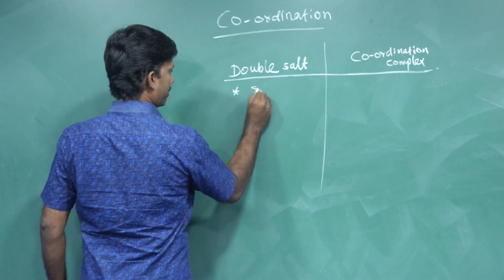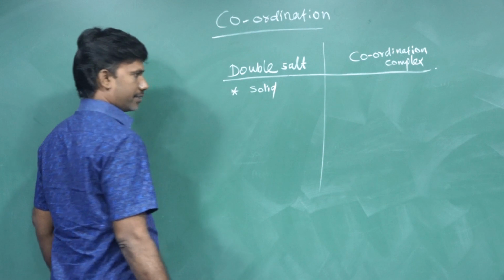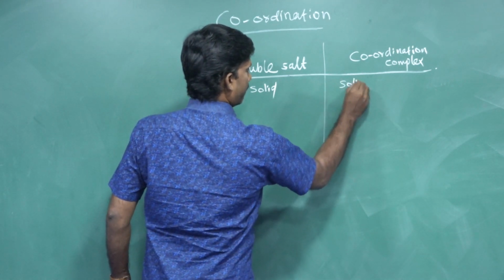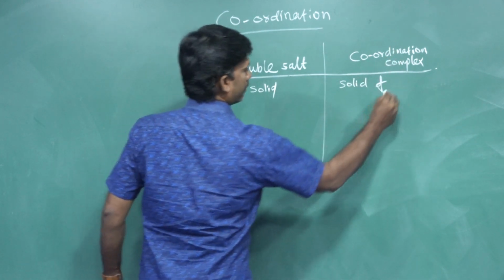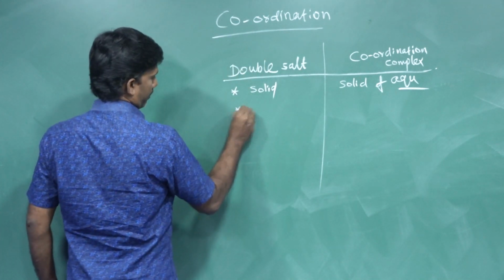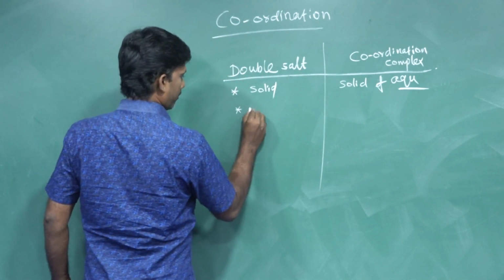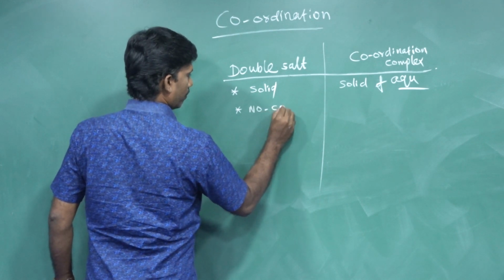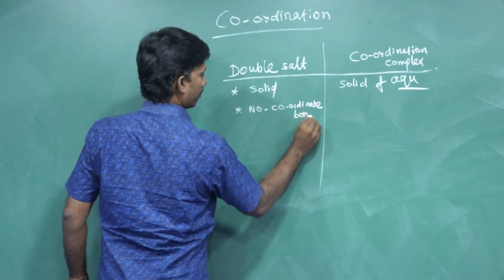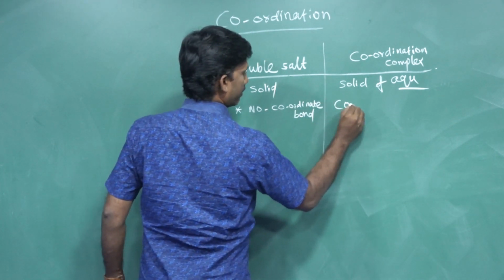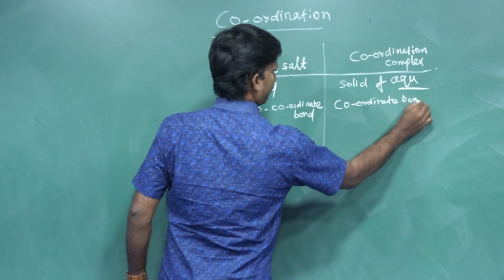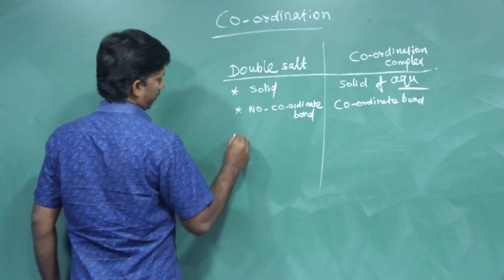The double salt exists only in solid form, whereas the coordination complex exists in both solid and aqueous form. In the double salt there is no coordinate bond, but in the coordination complex a coordinate bond is there.